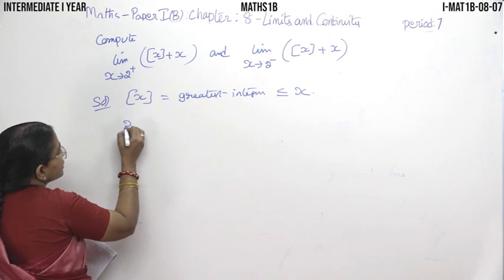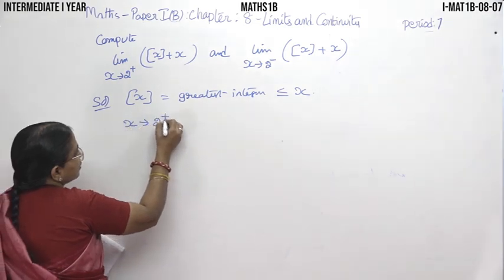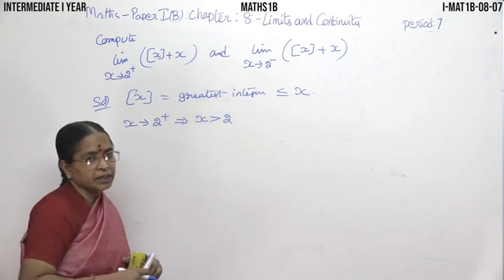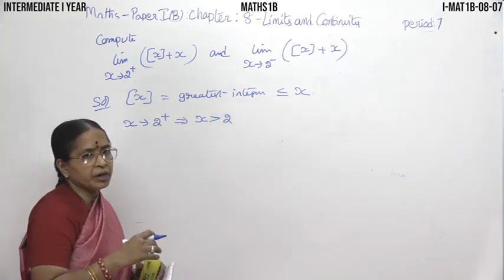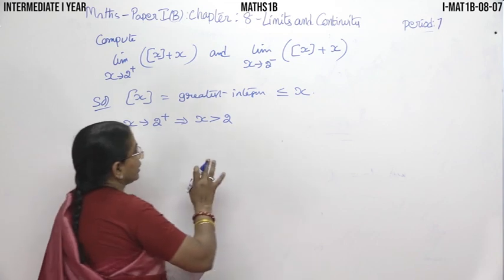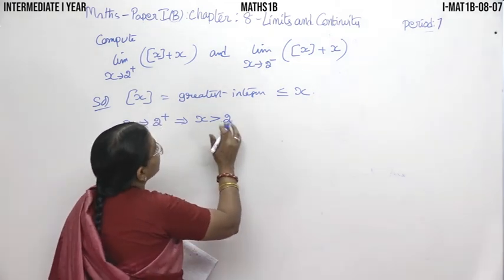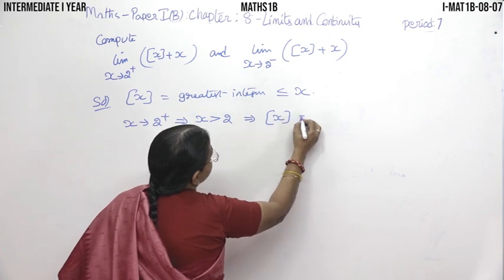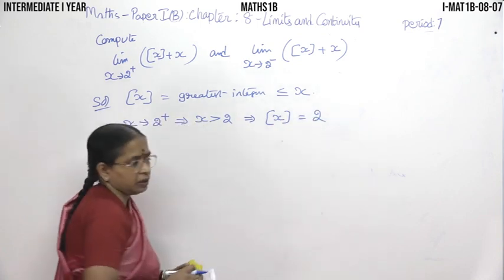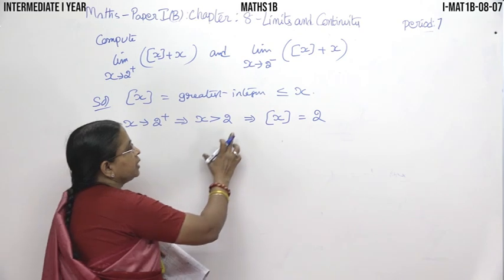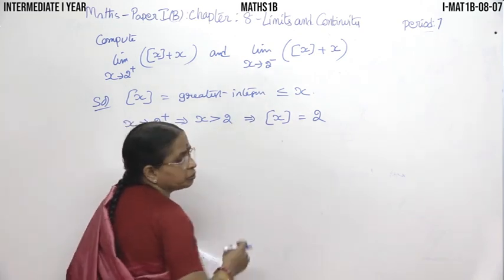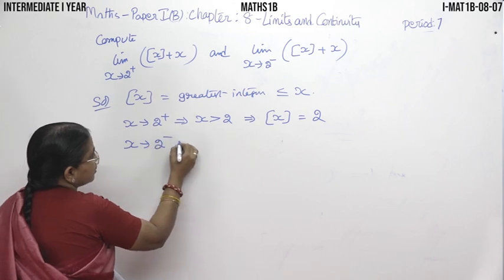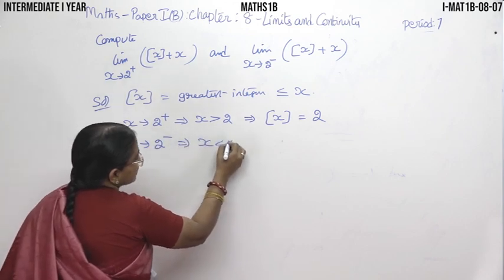Now x tends to 2 plus means x is greater than 2. X takes the values 2.1, 2 point something, nearer to 2 but greater than 2. So step x value is just 2 only, because the greatest integer is 2. Now x tends to 2 minus means x is less than 2.